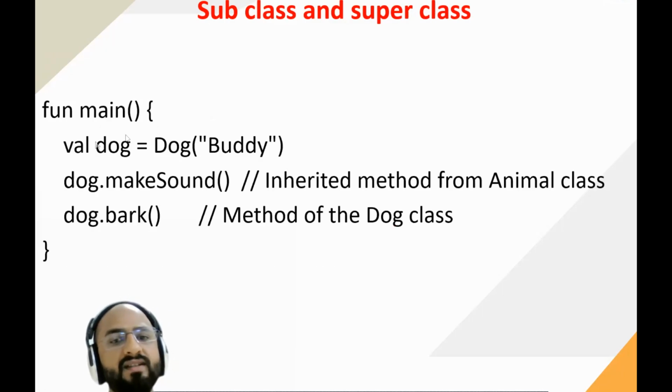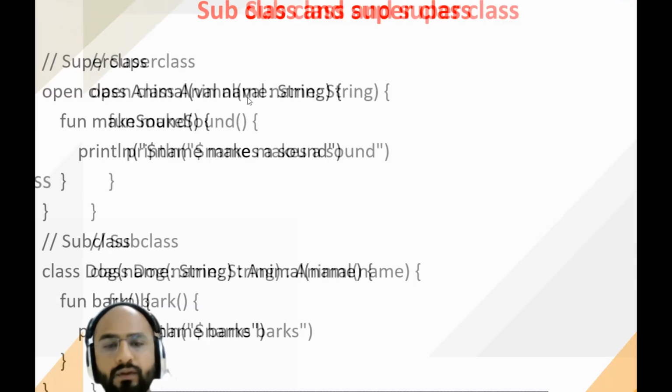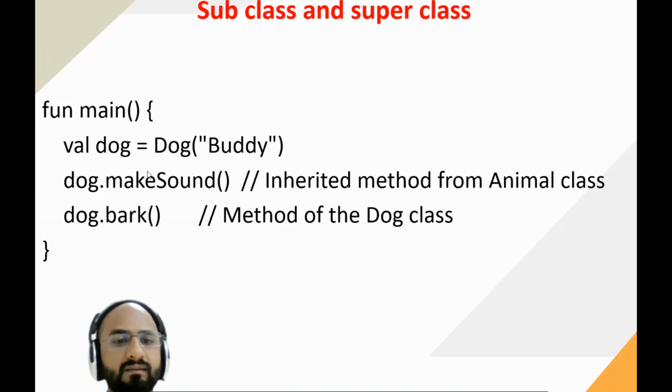This is the main function. For example, I am creating an object of the Dog class by passing the value buddy. That buddy value goes to the name variable, and this name variable goes to the Animal class property also. Next, when we call the method makeSound, it inherits the method from the Animal class.